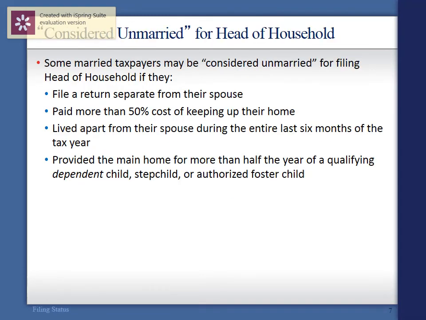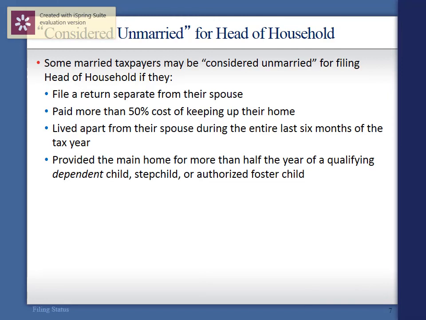As we see here, this is just noting what I just mentioned on the previous slide. Head of household requires that there is a separation from the spouse. It requires that more than 50% of the cost of taking care of the home has been paid by the individual trying to claim head of household status.